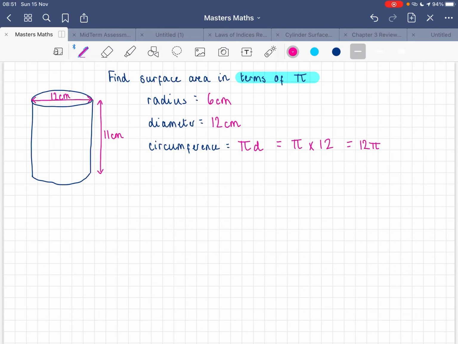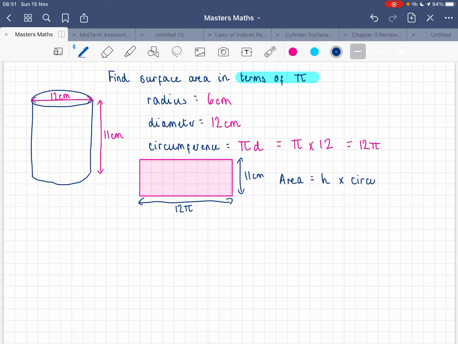Then I'm going to work out the area of the rectangle. So here's my rectangle. The height is 11. The length of it is the circumference, which we've just worked out is 12 pi. So the rectangle area is the height times by the circumference.